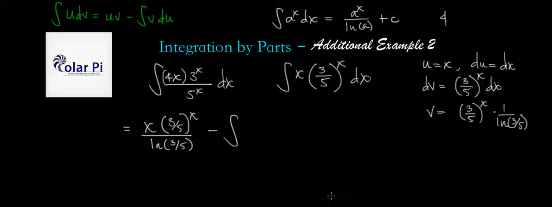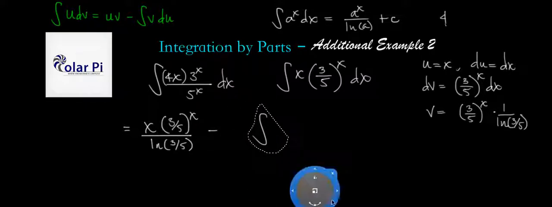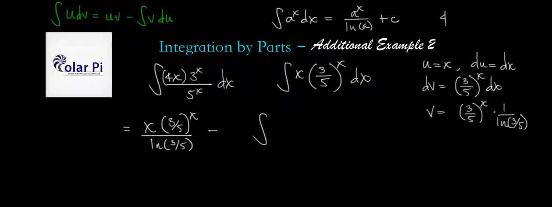We're going to take this constant in front of the integral so that it's a bit easier on the eye. So minus v, and v comes with a constant, and the constant is 1 divided by the natural log of 3 over 5.